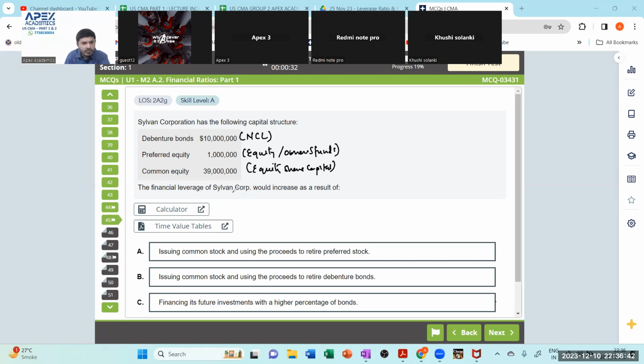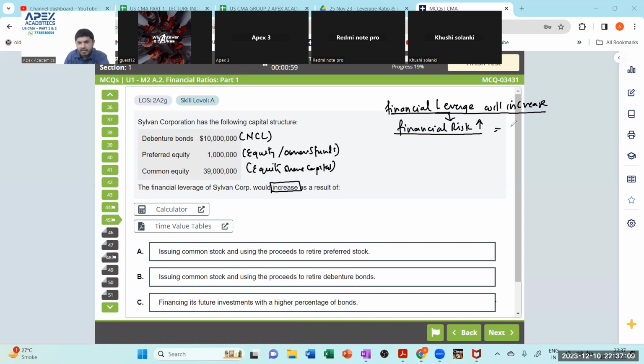Financial leverage of Silvan Corp will increase. Please understand, they are saying financial leverage will increase. What is the meaning of that? It means that financial risk will increase. When does financial risk increase?